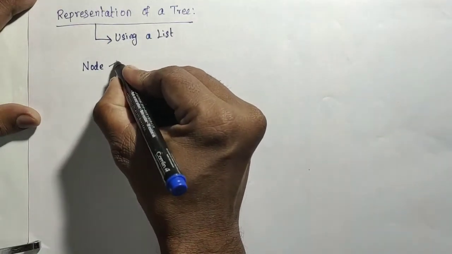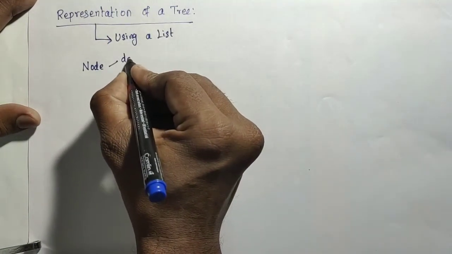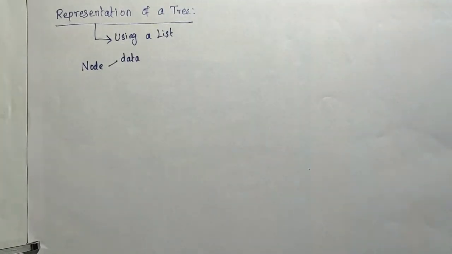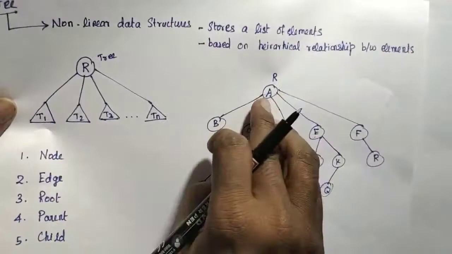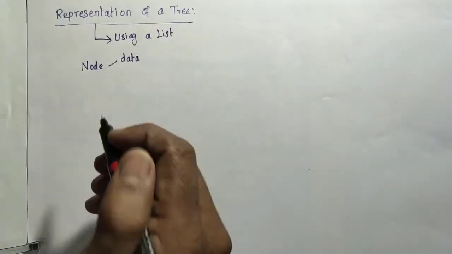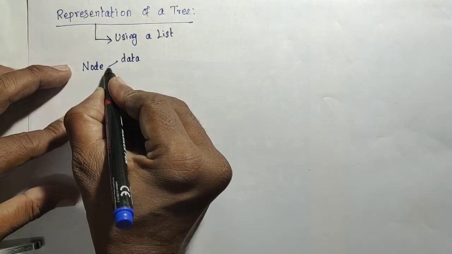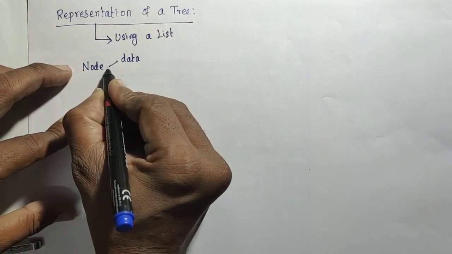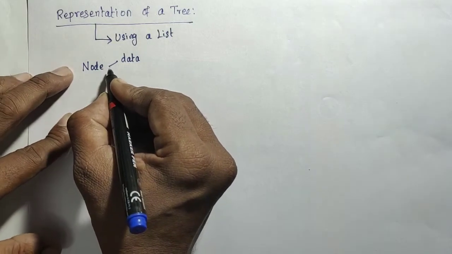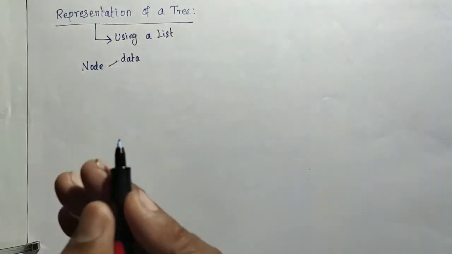It has the actual data, and in the tree it can have any number of children. Each node can have any number of children. Since the number of children is not restricted to a particular number, we cannot specify how many children here.